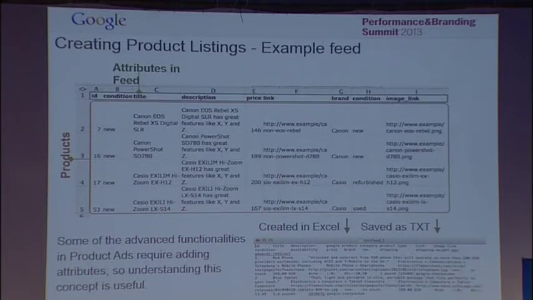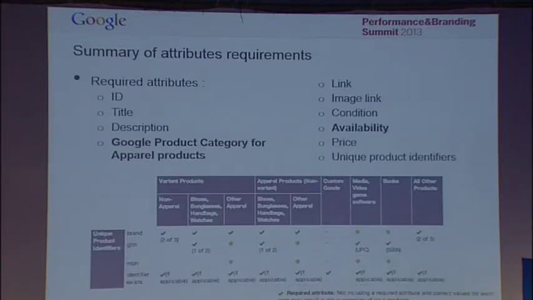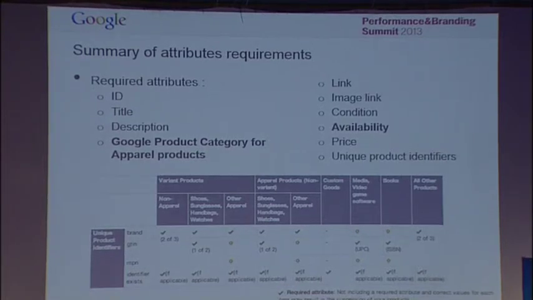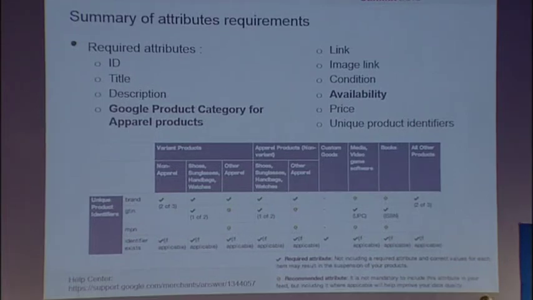So some of the attributes are required, and you have to have them in your feed. For example, each product will have a different ID. They will always have a title, a description, a price, etc. But you will also have attributes that are optional.